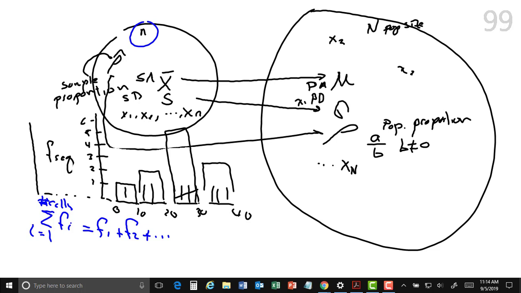Until finally we're going to add up our f sub number of cells. It's a little messy, but that's all it's saying: if you sum up all of the tallies, it better equal n, which is the number of observations. Easy enough?